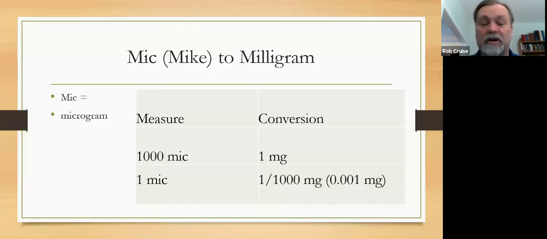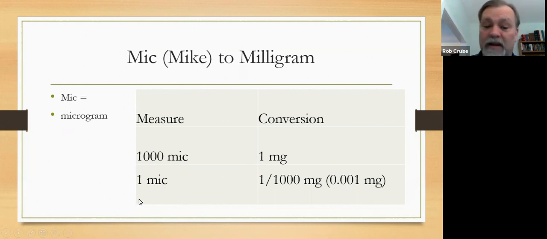First of all, we'll start with our smallest measurement, the mic. It is MIC, mic, for the microgram. That's why we pronounce it mic. So from mics to milligrams, you have 1,000 mics per 1 milligram of measure.